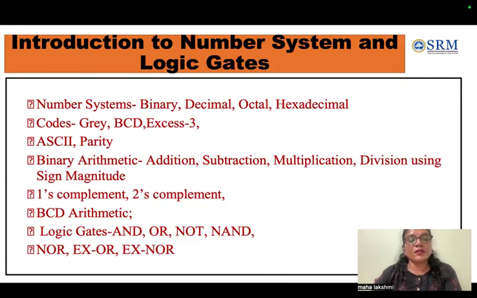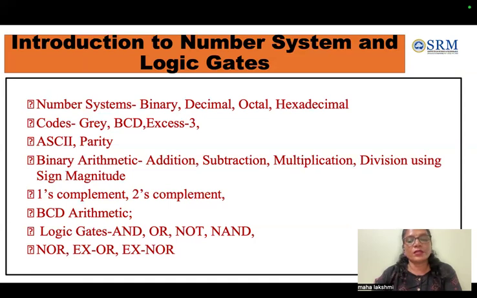In this unit, we have the following syllabus topics. This is the introduction to computer organization and architecture. We have number systems, different number systems like binary, decimal, octal, hexadecimal, and also different code conversions we are going to study, like Gray code conversion, BCD, XS3, and ASCII, and parity code generation as well.